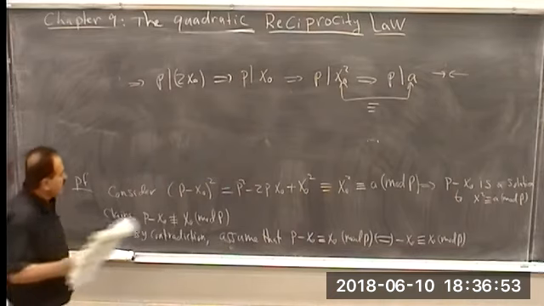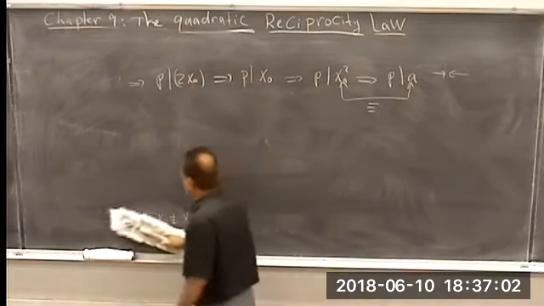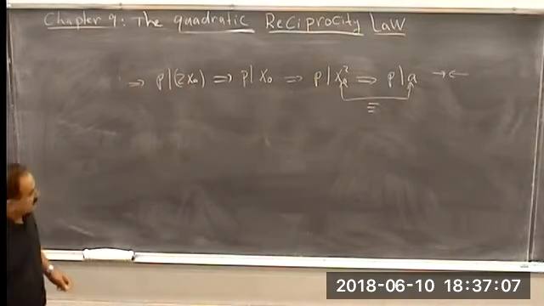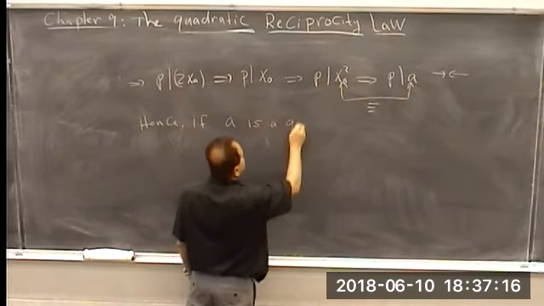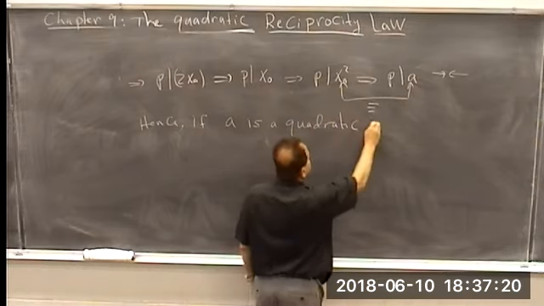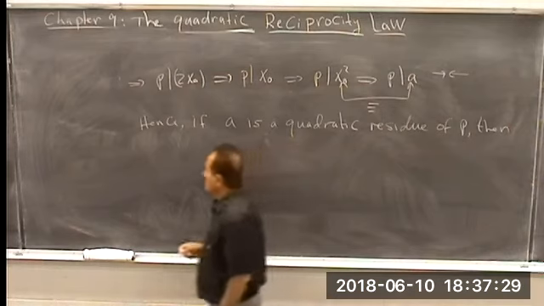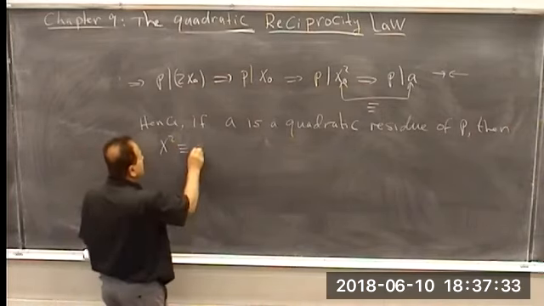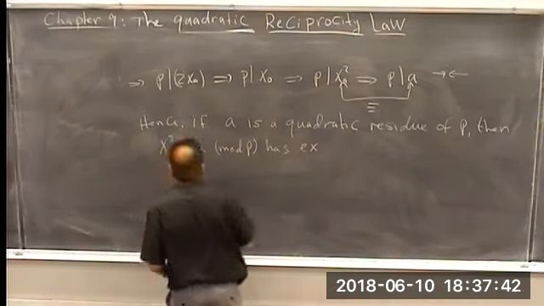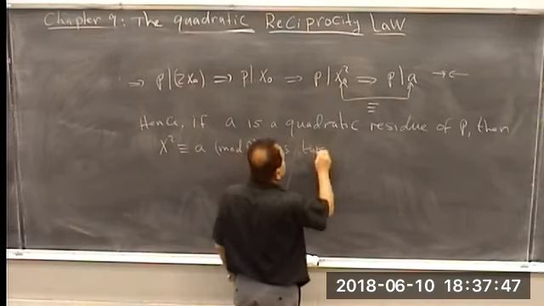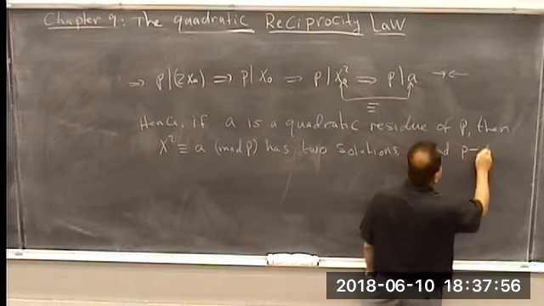The conclusion is, if a is a quadratic residue mod p, so hence if a is a quadratic residue of p, then x squared congruent to a mod p has two solutions, x sub 0 and p minus x sub 0, that are not congruent.